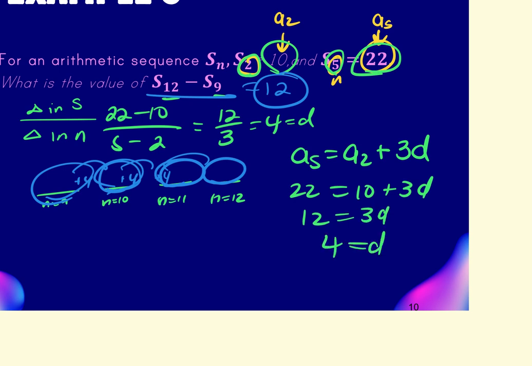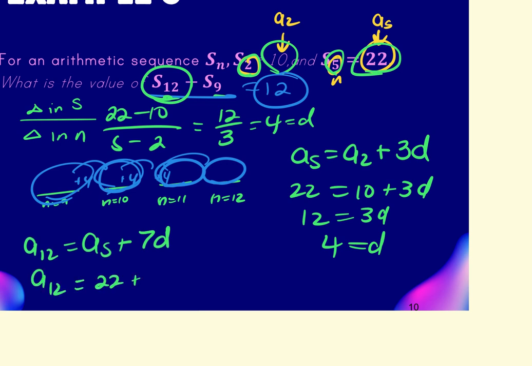And then if I want to find A12, I could pick A5 or A2. If it's A5 plus, this would be 7 times D. A12 would equal 22 plus 7 times 4. 22 plus 28, which is 50.